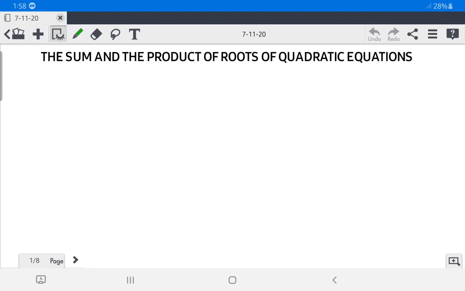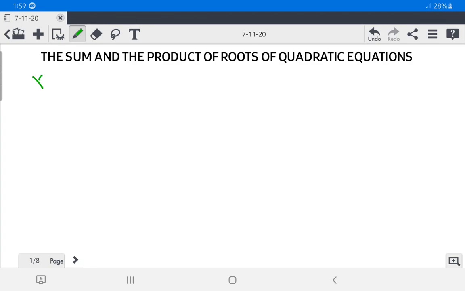Hello everyone, so today we're going to discuss how the sum and then the product of the roots of the quadratic equation ax squared plus bx plus c can be determined using the coefficients a, b, and c. Remember, to find the roots of a quadratic equation, we use the quadratic formula, right?